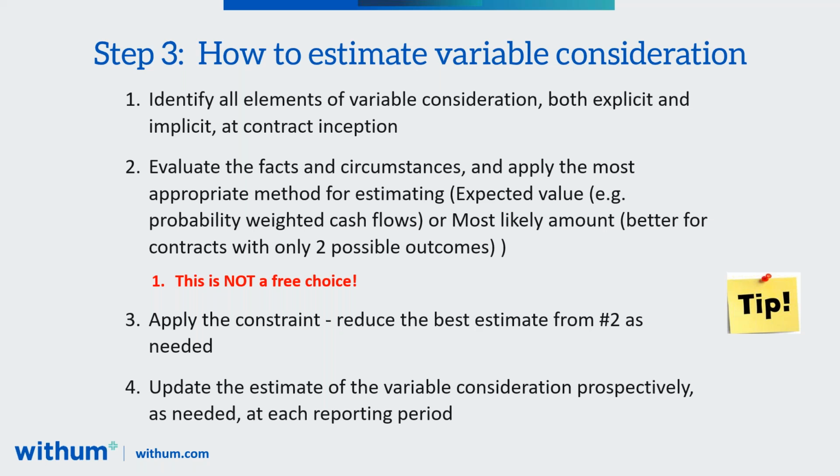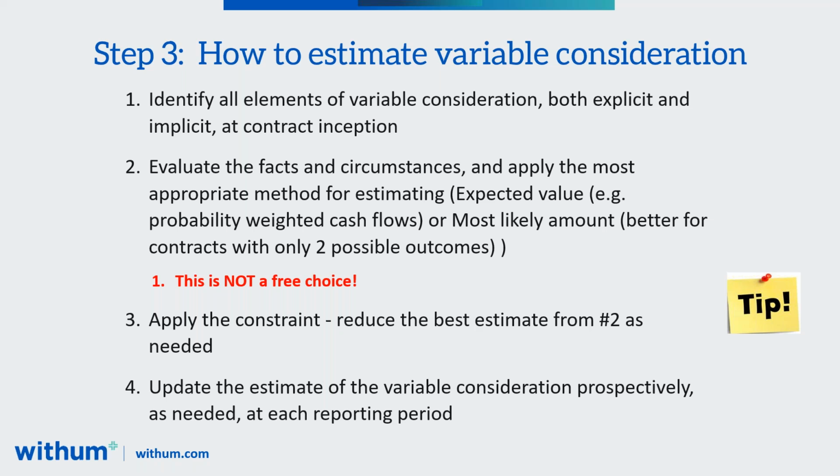The other thing to keep in mind for variable consideration is a concept of a constraint. GAAP requires us to reduce our best estimate down to what we believe is most probable to occur. That's called the constraint because it tends to have the effect of lowering those positive elements of variable consideration.